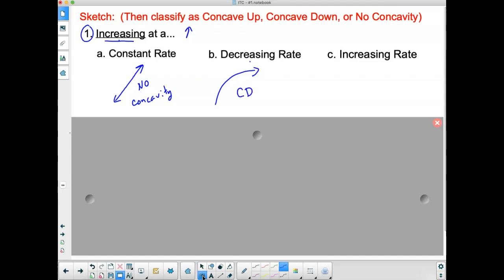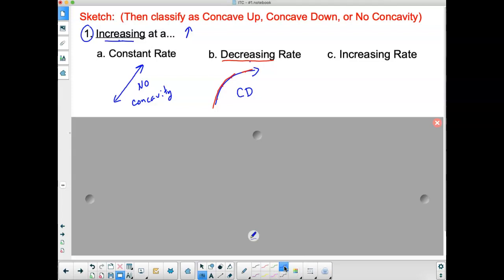People that are confused on that: I can see this curve from left to right is going up, but they say it's a decreasing rate because if I drew a tangent line at every moment in time on that curve, notice the slope of each line as I move from left to right. The slope of that tangent line is decreasing.